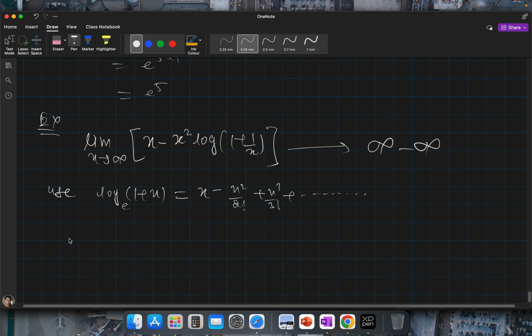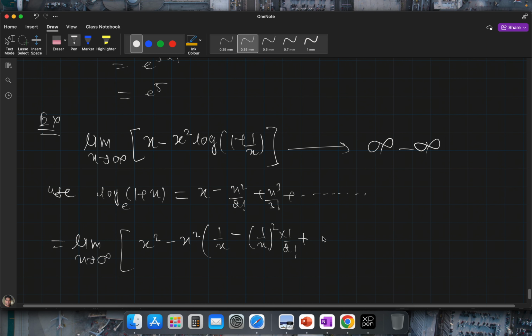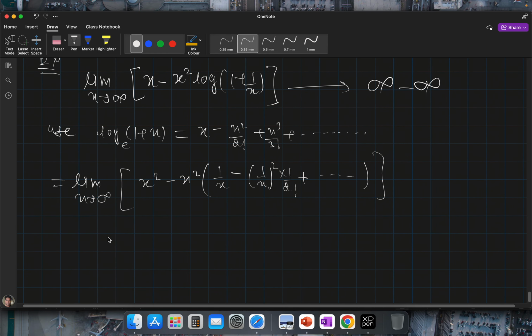Just substitute here. So limit x approaching infinity, x will remain as it is, minus x square, and in place of x it is 1 by x, so that will be 1 by x minus (1 by x) raised to the power 2 divided by 2 factorial, plus higher terms, which we will not use.